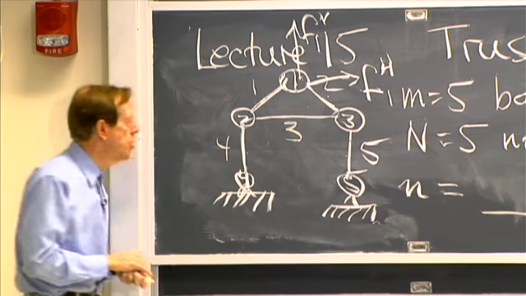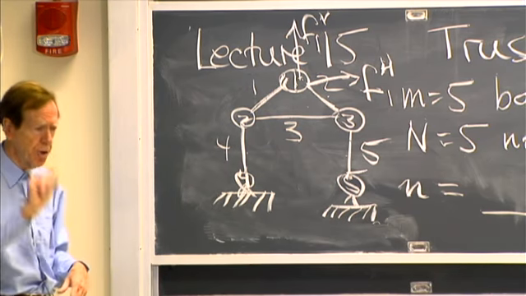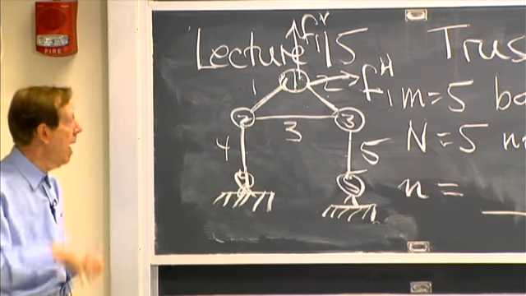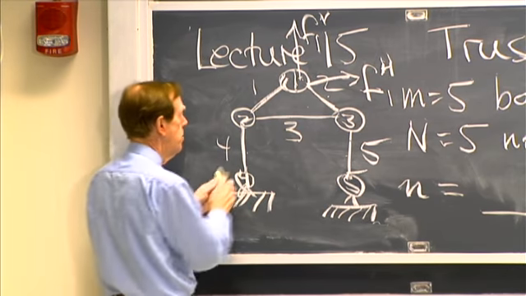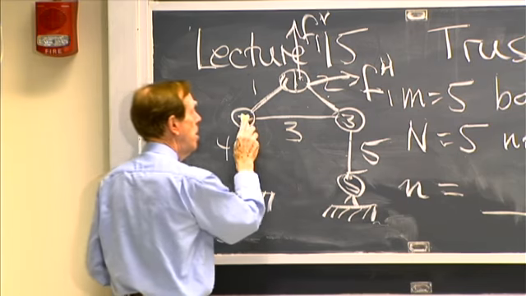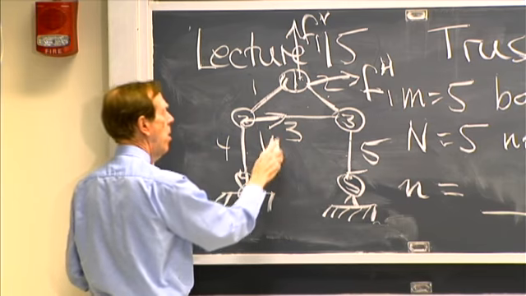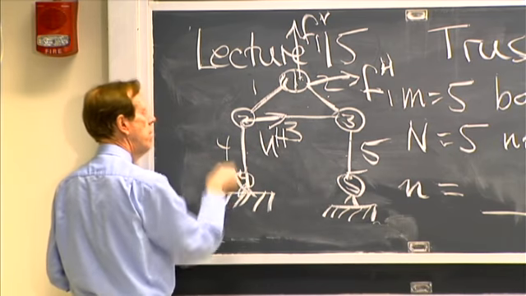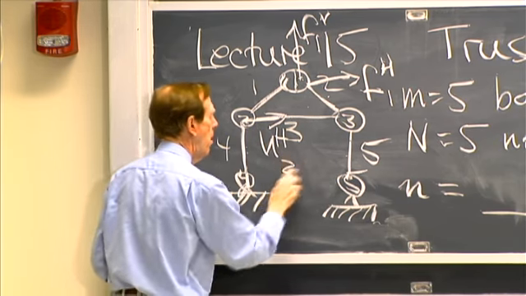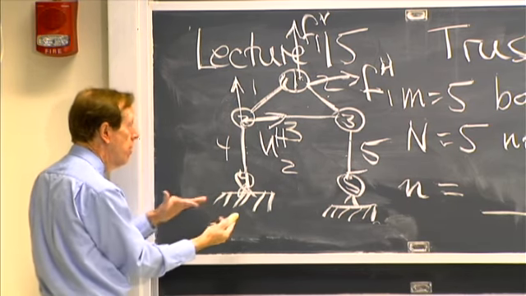Maybe let's look at node 2. So node 2 could have a couple of forces on it, FH2 and FV2, and it moves like the other nodes. So now I'm introducing the unknowns. U is the movement, U horizontal, and again we're talking about node 2. And it moves up, or doesn't, or moves down.